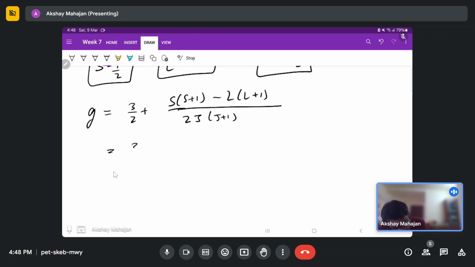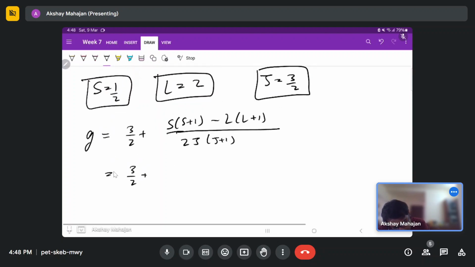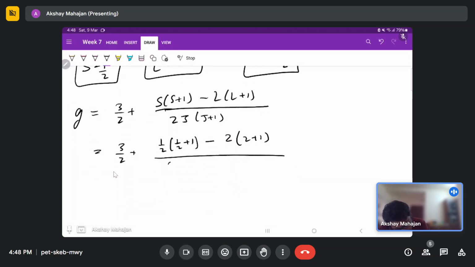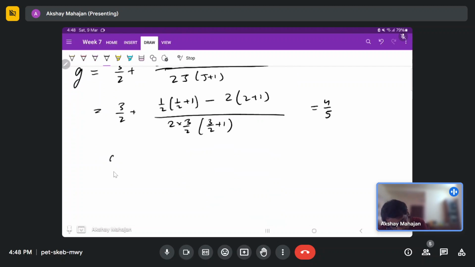That will be 3 by 2 plus 1 by 2 times 1 by 2 plus 1 minus 2 times 2 plus 1 divided by 2 times 3 by 2 times 3 by 2 plus 1. If you do the calculation, this will be equal to 4 by 5. So our g will be equal to 4 by 5.